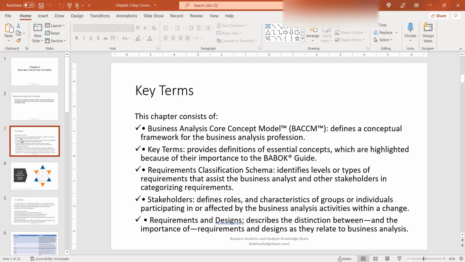Now, stakeholders defines the roles and characteristics of groups or individuals participating in or affected by the business analysis activities within a change. And lastly, requirements and designs describes the distinction between and the importance of requirements and designs as they relate to the business analysis.